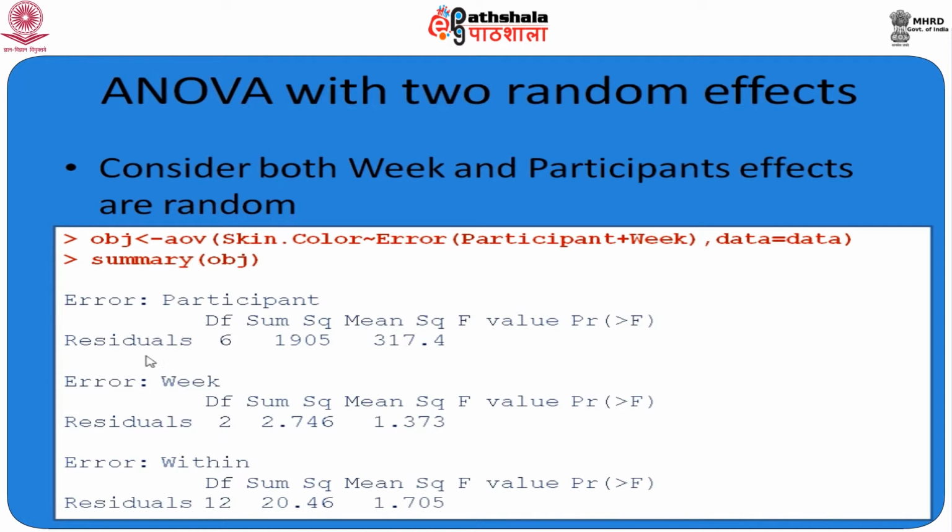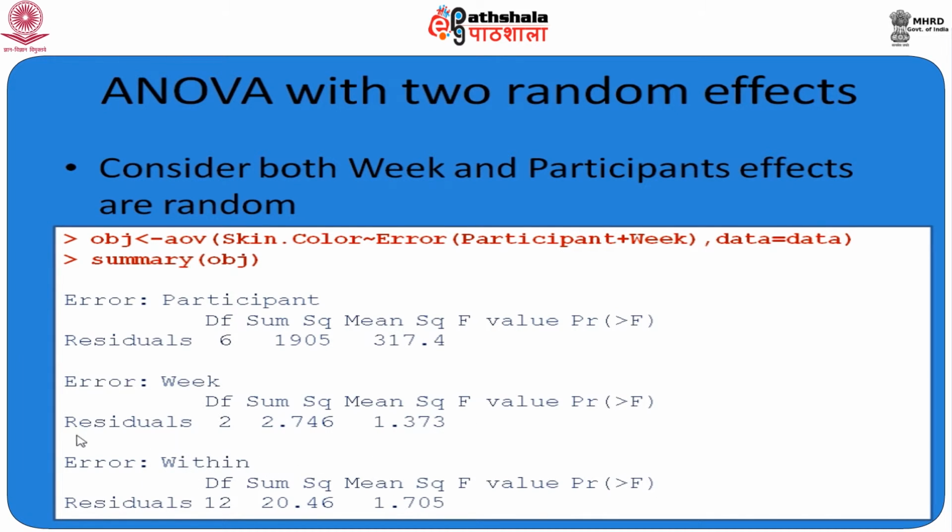First one is the variance component related to the participant, degrees of freedom 6, sum of squares this, mean square this and this, and the next ANOVA component, this residual error, is related to the week, that variance component related information, the ANOVA table.